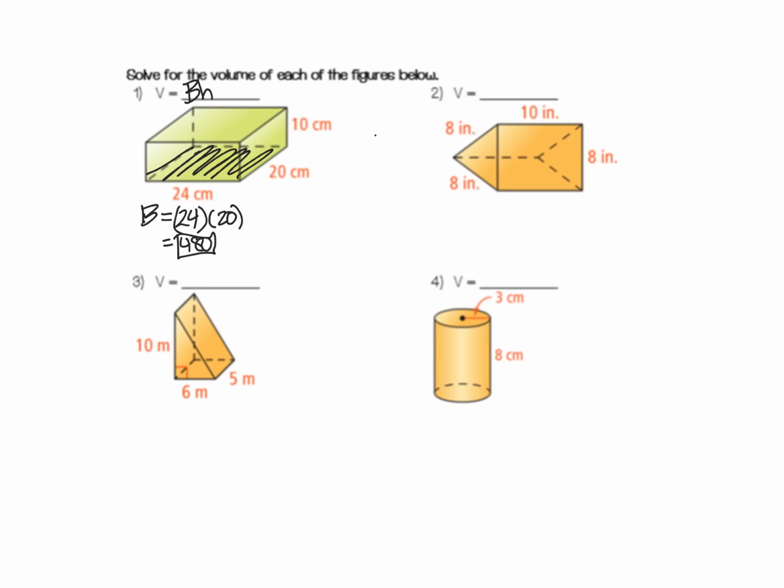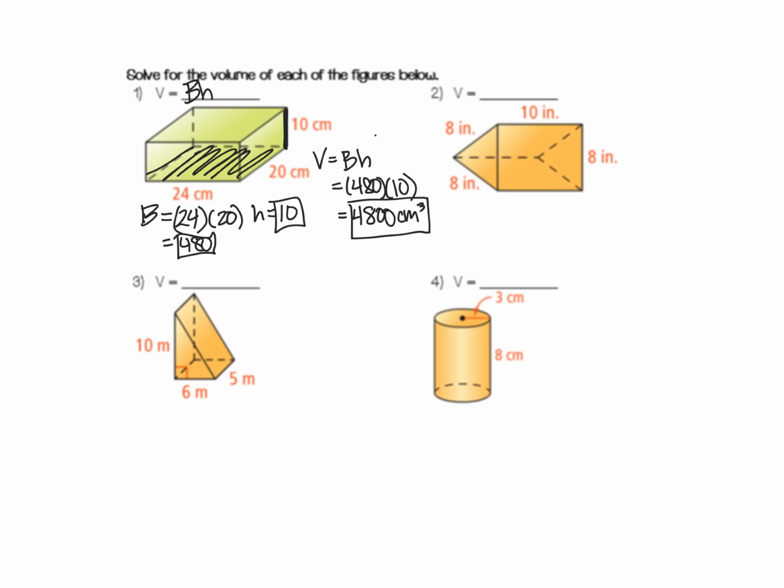This is not the answer, I just need that number. The height of the prism is over here, and it's going to be 10. So to find the volume, we take the area of the base times the height, so 480 times 10. That gives us 4,800, and using the correct units, it's centimeters cubed.